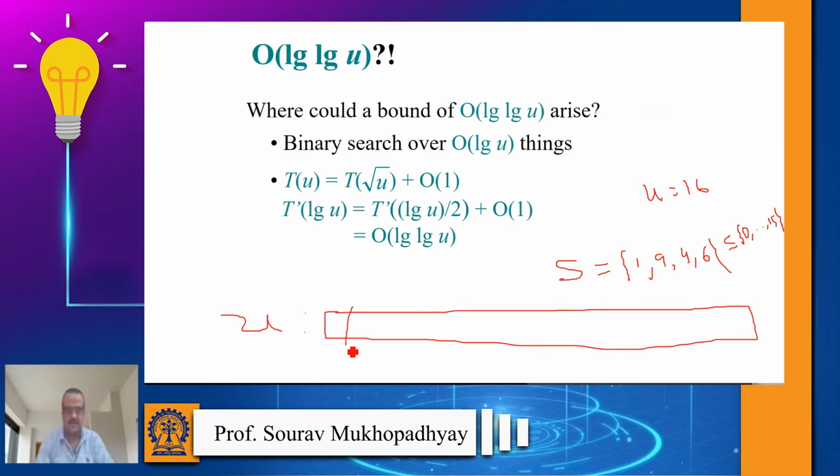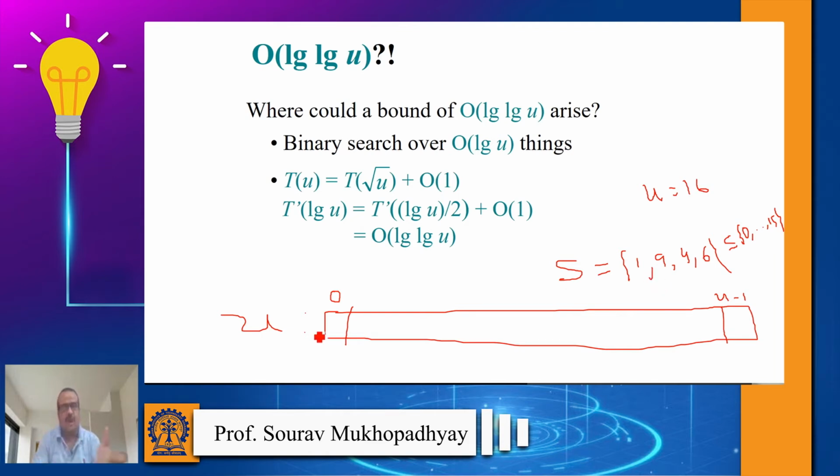A bigger array, which starts from 0 to u minus 1, where u is the size of the universe; for here it is 0 to 15. Suppose these are the elements.